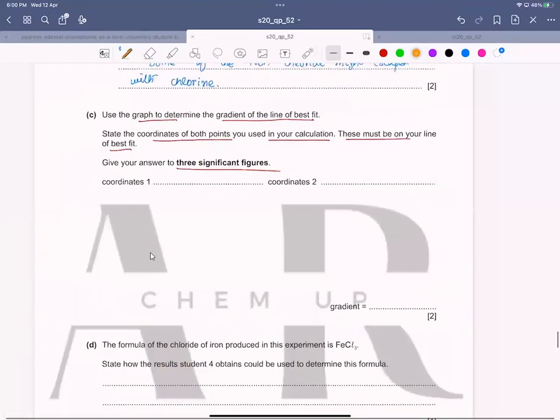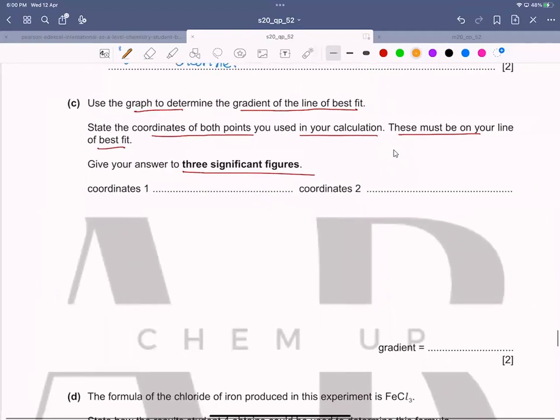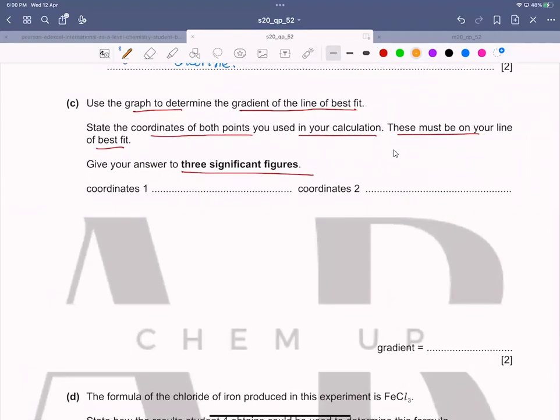Sir, shouldn't the points be far apart, like more than half of the line? The distance between the points. Yeah, we can take the points far apart, but it doesn't matter. You have to take two coordinates from the line, that's it. But just tell me the values.